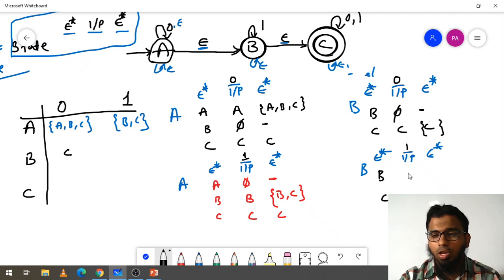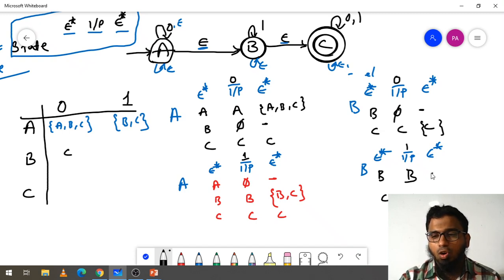B on 1 is going to B only, and C on 1 is going to C. So what is the B closure now?